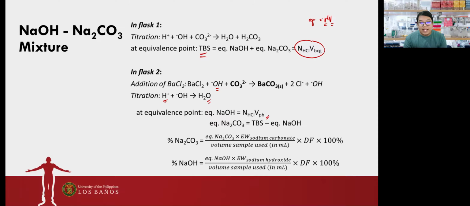Then mathematically, we can just get the EQ of Na2CO3 by getting the difference of TBS and the equivalence of NaOH from flask 2. So we get the EQ ng Na2CO3. Okay? So ngayon, meron na tayong EQ na value na dalawa. So we can calculate for the percent composition of sodium carbonate and sodium hydroxide by using this equation. Okay?